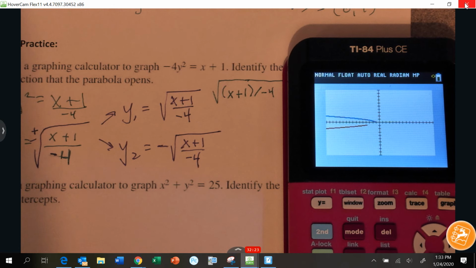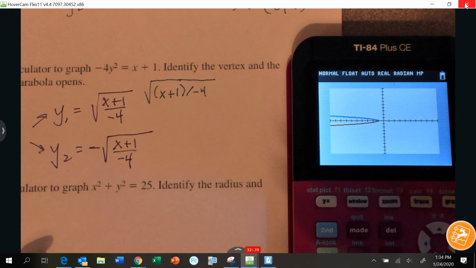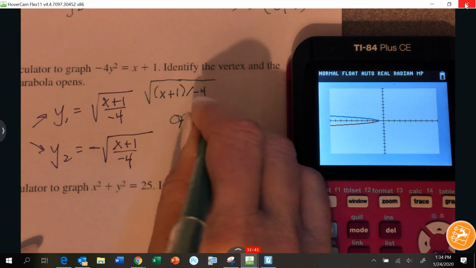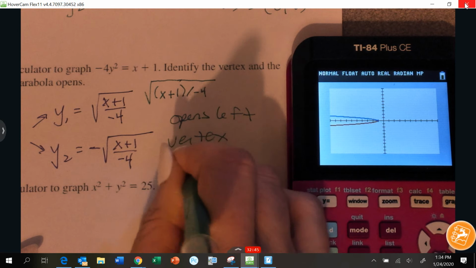It's a skinny one. Well, and also, I'm not on Zoom 6 either. Zoom 6. Still skinny. Which direction does it open? Left. Okay. And where's the vertex? Negative 1, 0.